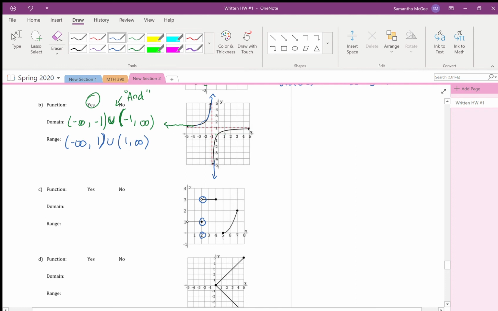So since that other dot is open, it's not actually defined at 3. It's only defined at 1. So the output for x equals 2 would be 1, because that's the dot that's filled in. And all of our other inputs, right, they all only have one output. So we can say that, yeah, this is a function.